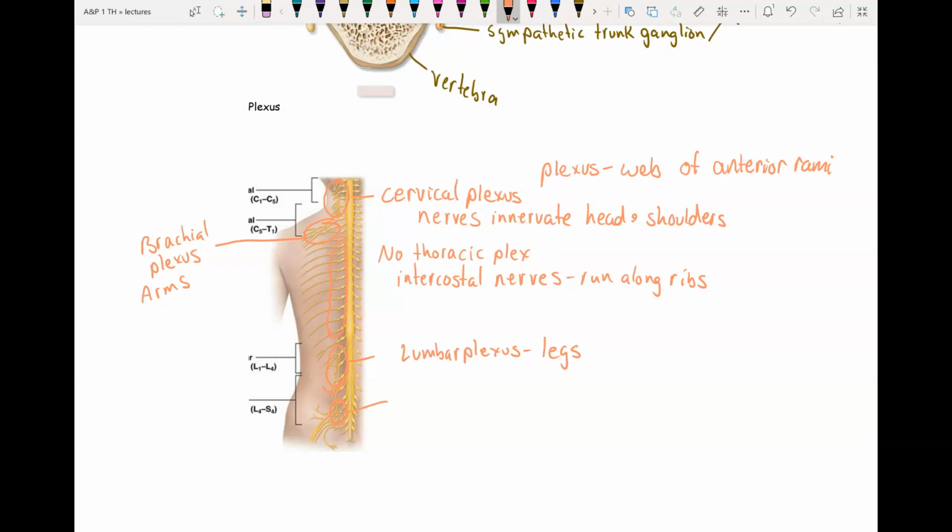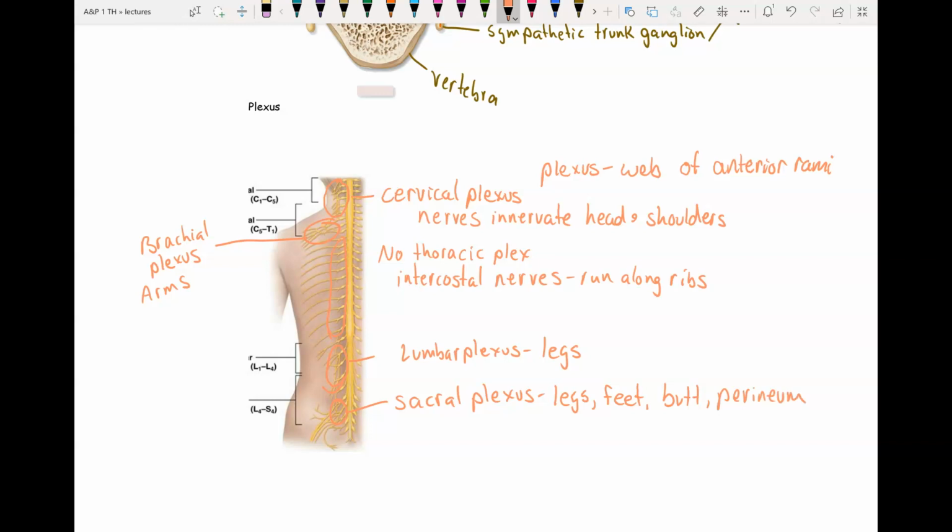This one is the sacral plexus. The sacral plexus is going to go to the legs, feet, butt, and perineum.